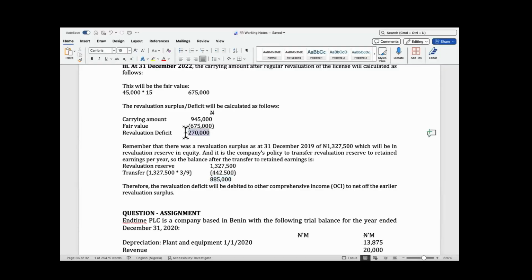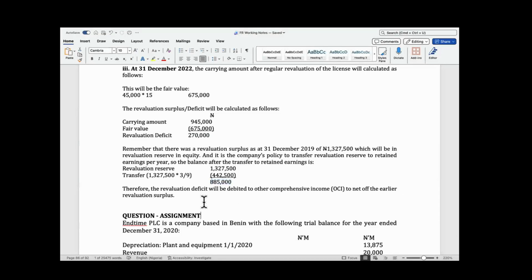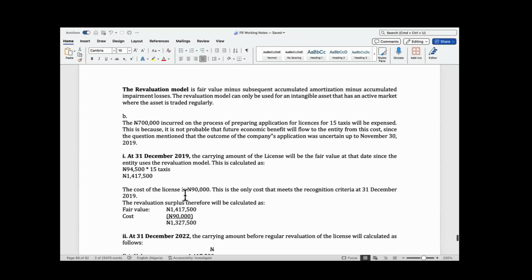Now that we have a deficit this year, this deficit is not going to go to P&L, because there is an existing reserve of 885 in equity. For that reason, this deficit will be debited to OCI to net off against the earlier revaluation surplus. That's all for that question.